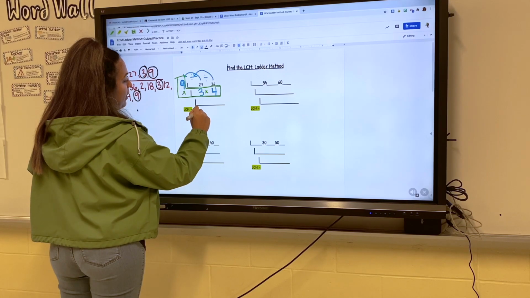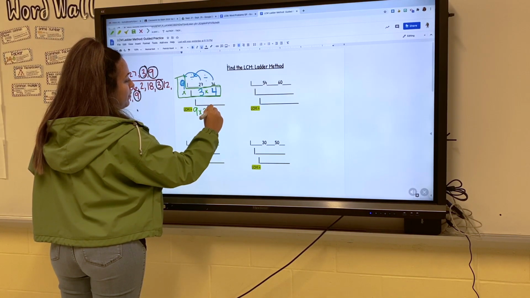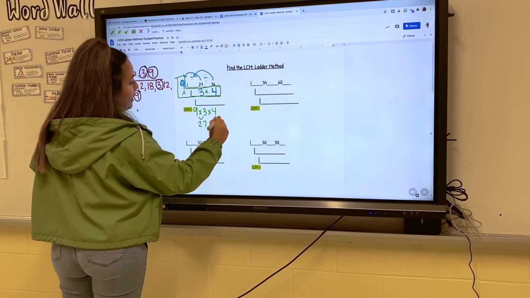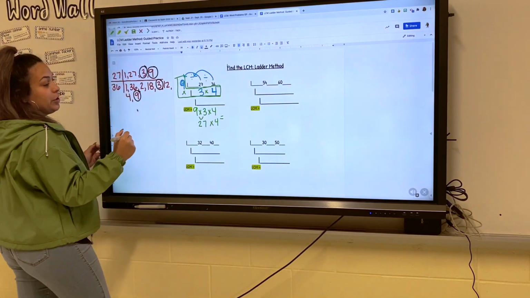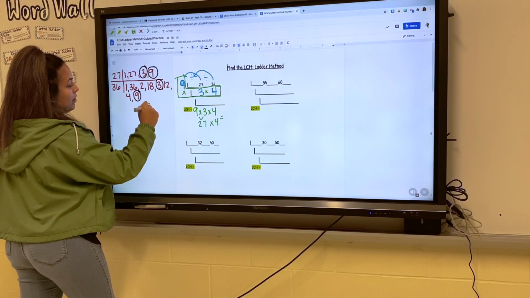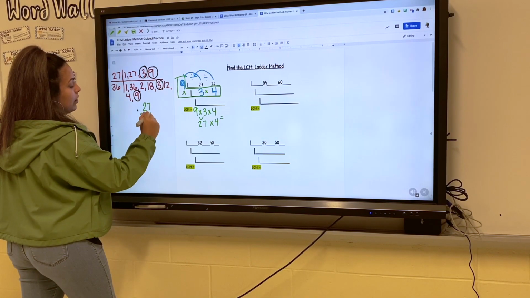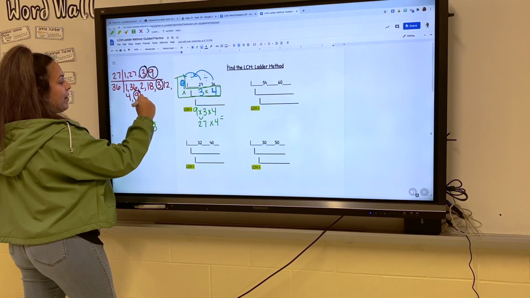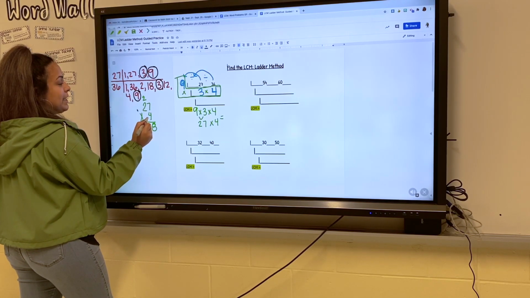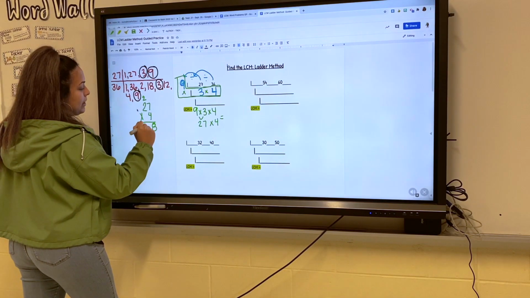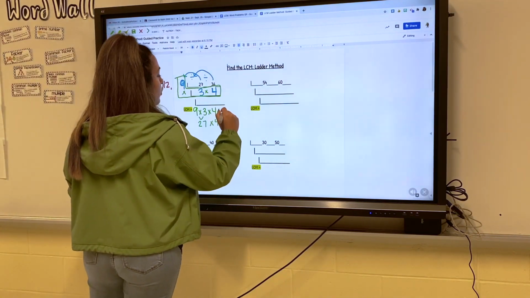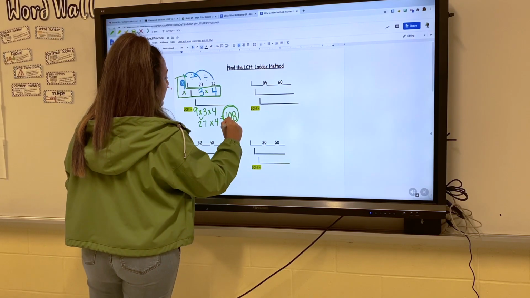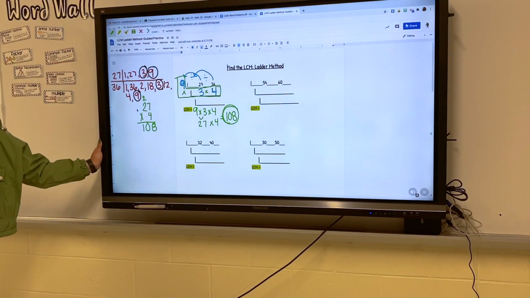So I have 9 times 3 times 4. 9 times 3 is 27. 27 times 4 equals, I'm not really sure, so I'm going to go to the side. 27 times 4. 7 times 4 is 28. Put my 8, carry my 2. 2 times 4 is 8. 8 plus 2 is 10. So the least common multiple between 27 and 36 is 108.